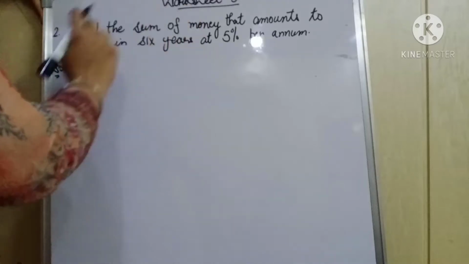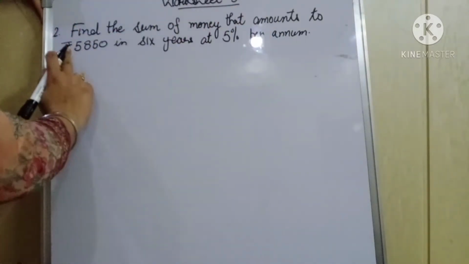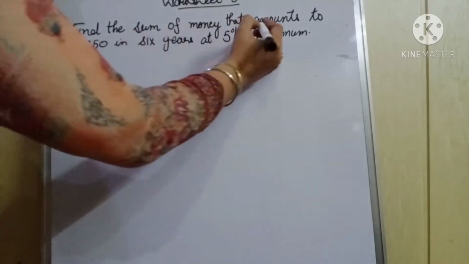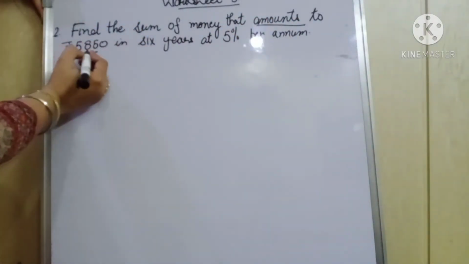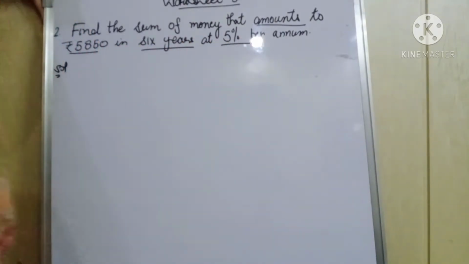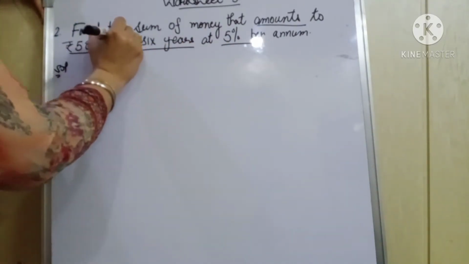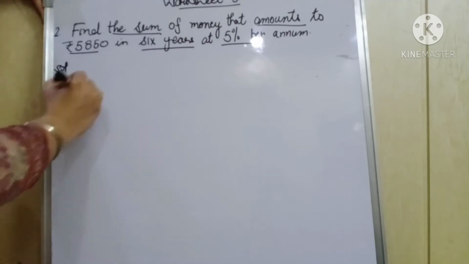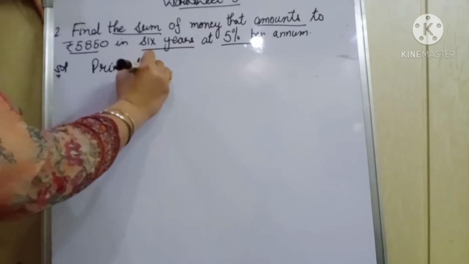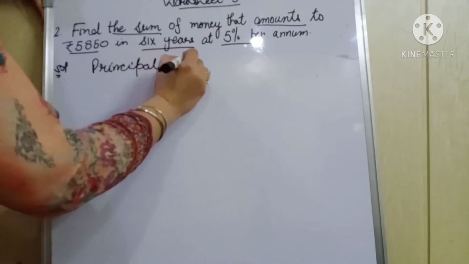Find the sum of money that amounts to rupees 5,850 in 6 years at 5% per annum. What do you mean by sum of money? Sum of money is the principal that you have to find.